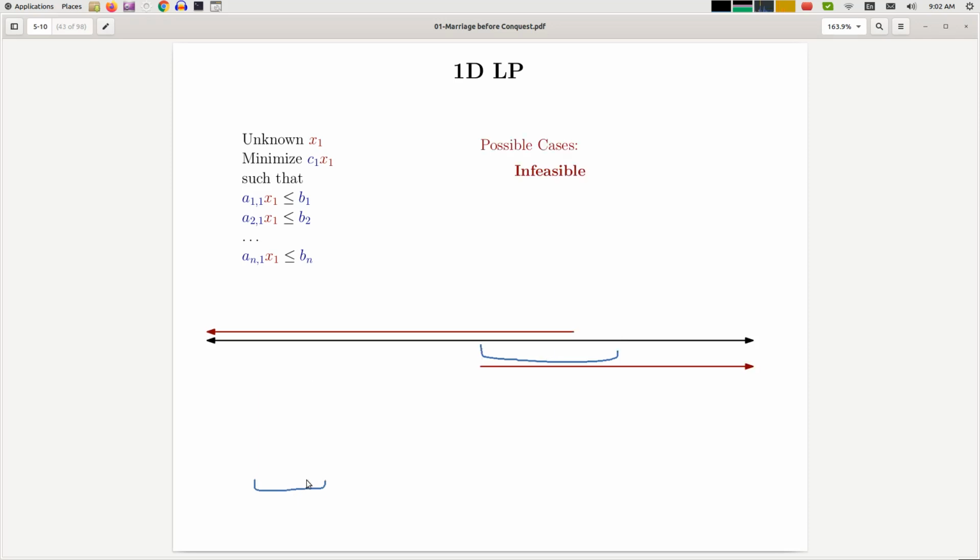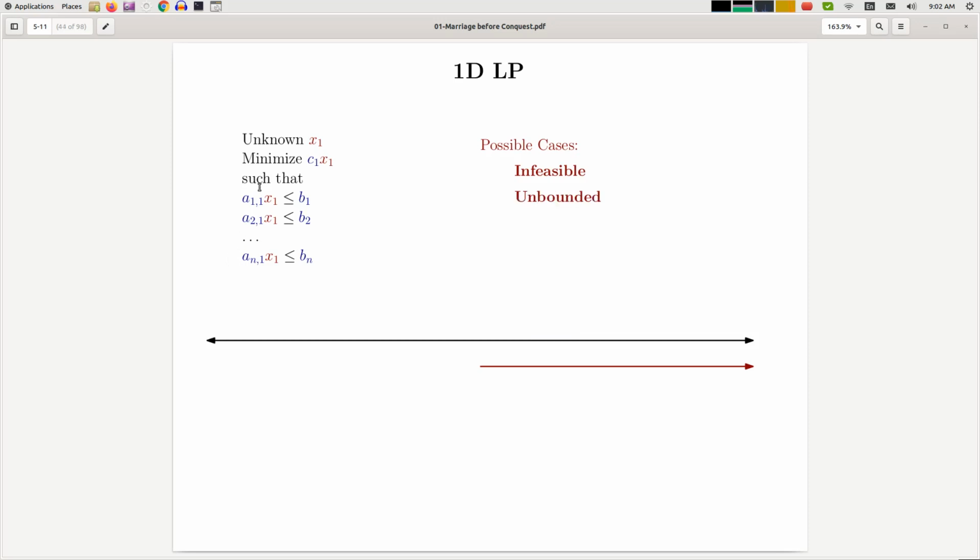So we have a number of possible cases when we look at all these constraints. The LP could be infeasible. It means that the forbidden regions overall forbid the entire real line. There is no value of x1 that satisfies all these constraints. This is called infeasible. It could be unbounded.